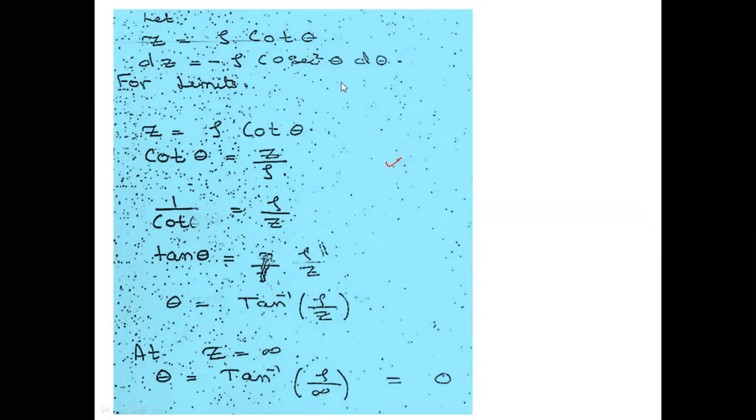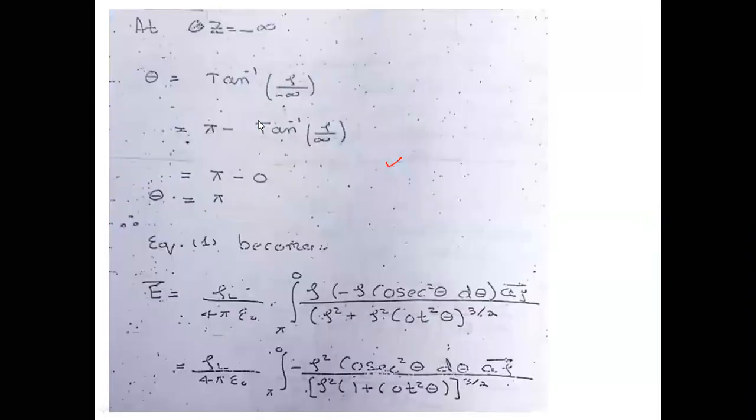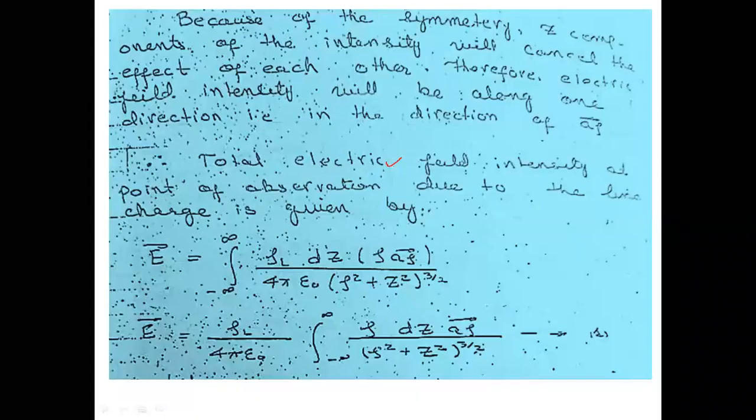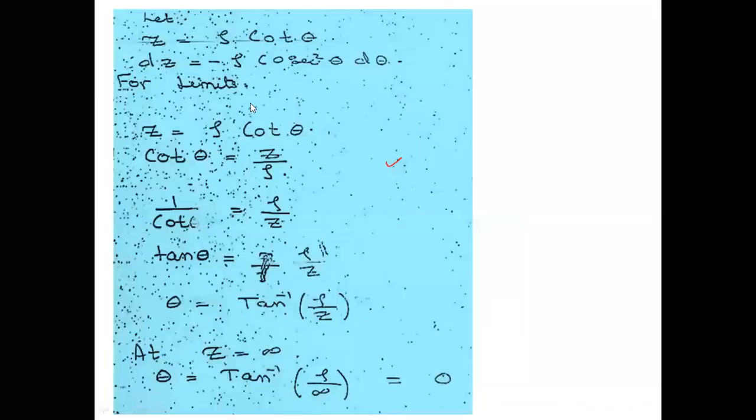So here is the value of dz and this is the value of z. So we have to replace z and dz in this equation, so that the whole equation is now transferred in terms of theta.